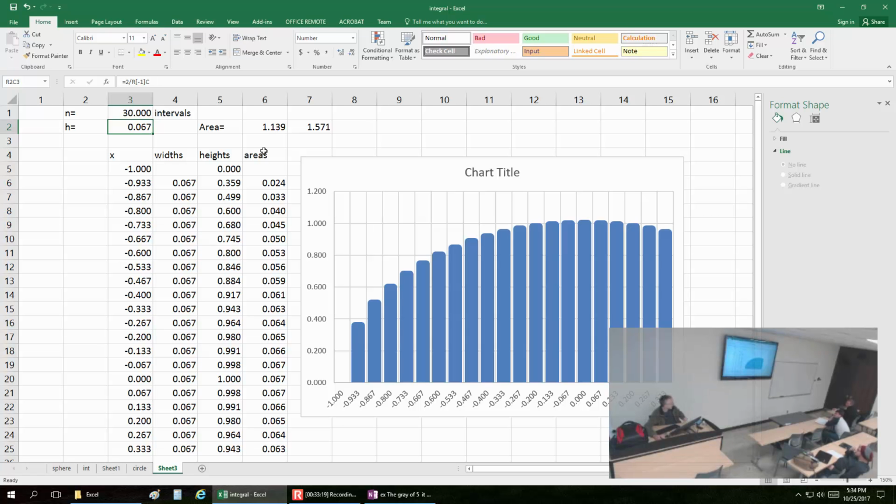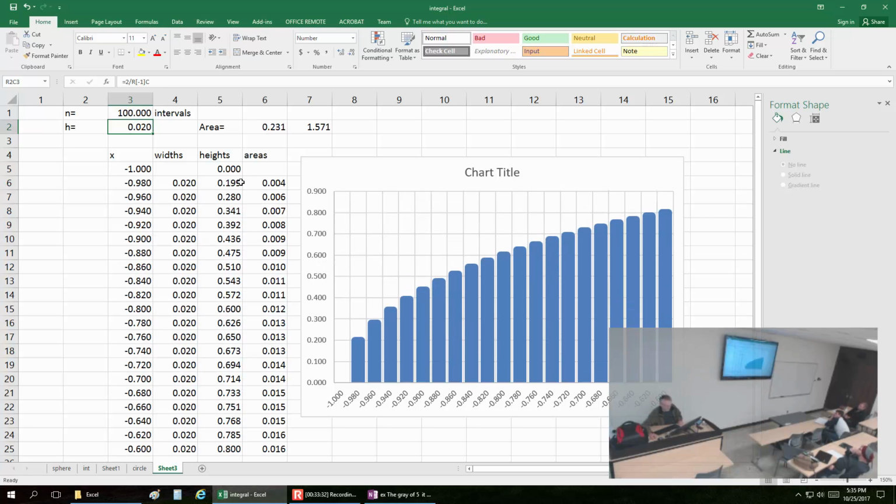If I plot the top of these bars, it will be a very nice curve. I can also go with 100, and it's getting better and better. It's hard to appreciate what's happening, but the accuracy certainly improves. You remember initially we had pretty nasty error.